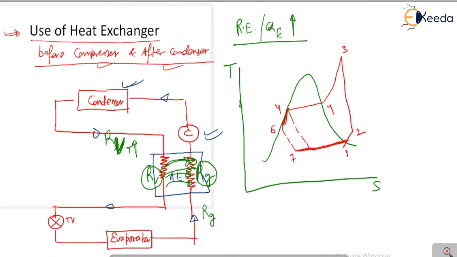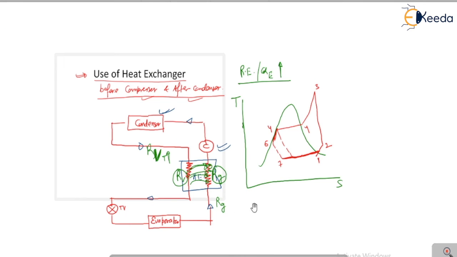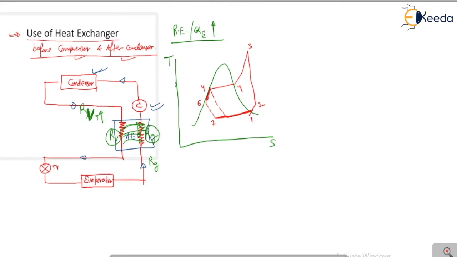First of all, we have to calculate the heat lost by liquid refrigerant. Heat lost by liquid refrigerant is just equal to heat gain by vapor refrigerant.